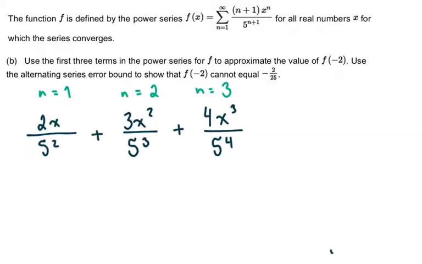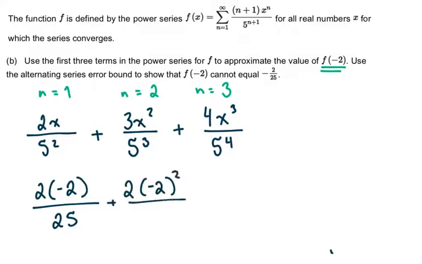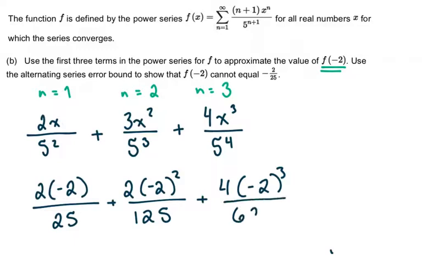So these are your first 3 terms, and here we just see that we're using x equal to negative 2, so we can plug that in, and from there it's just a calculator problem. 2 times negative 2 over 25 plus 2 times negative 2 squared over 125 plus 4 times negative 2 to the third over 625, which is equal to negative 72 over 625. And obviously, for those of you who use decimal, that's just fine.